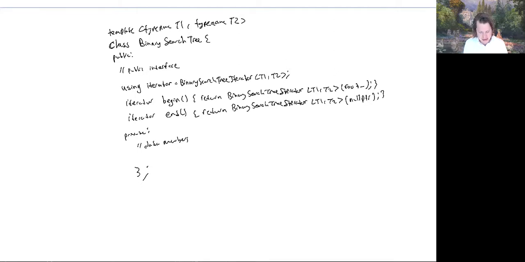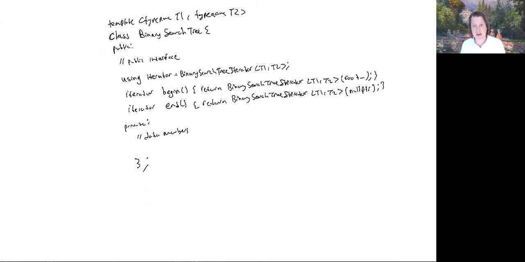Remember that this using iterator simply makes the type name iterator a synonym for binary search tree iterator T1, T2, just to make it a little simpler. End is going to return a binary search tree iterator that is initialized with a null pointer. Remember the special case in the construction process that said if a null pointer is passed, just set iter to null pointer, and that's the end of the story.